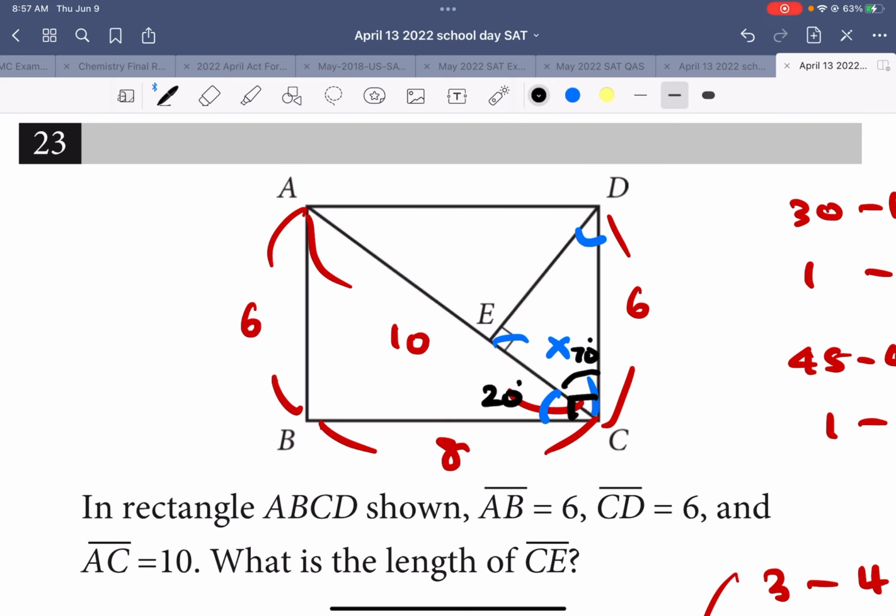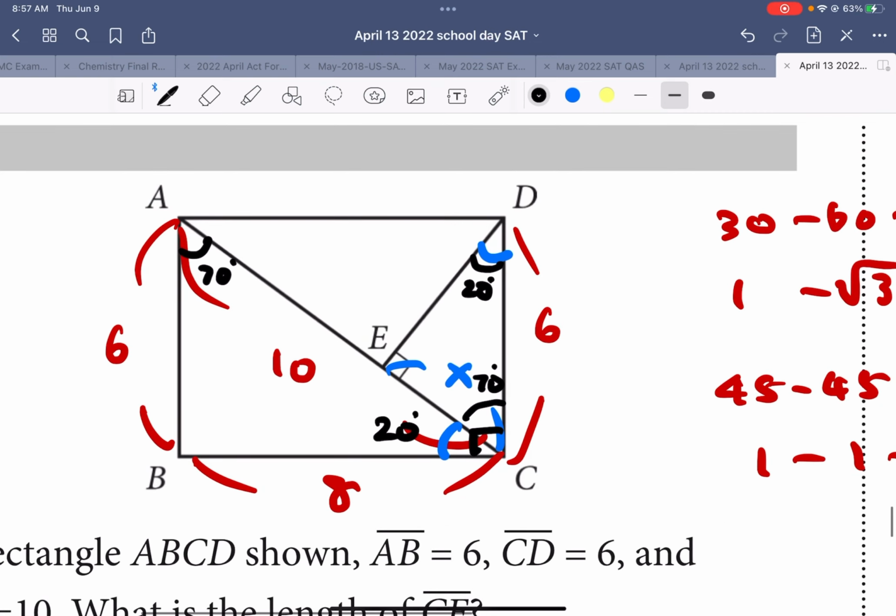So if you look at this triangle, angles have to add up to 180. So this angle right here should be 20. So that shows this angle is always the same as that. Similarly, this angle is also the same as this one. So for my convenience, I'm going to put 70 like that. So you can see which side is the corresponding side for those two similar triangles.